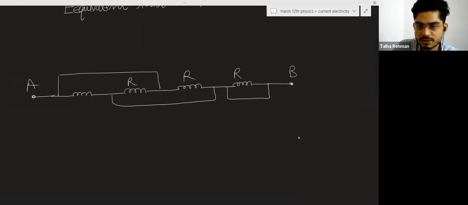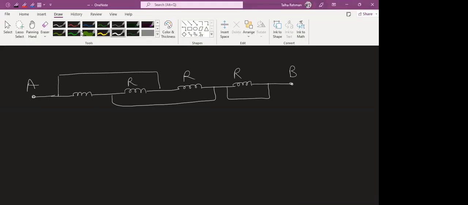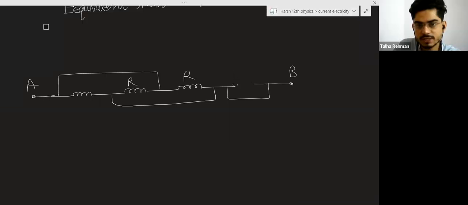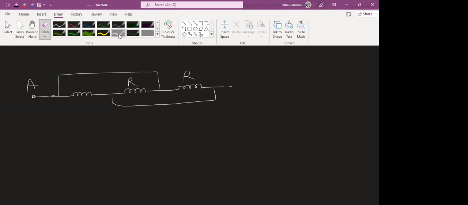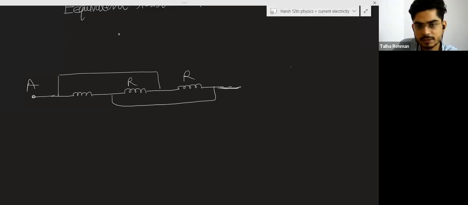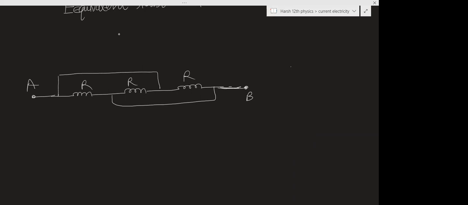Now see this resistance. This resistance is short circuited. So we can remove this resistance and make it as a single wire, as this has become point B. Now we have already solved this. This combination is a parallel combination. R1, R2, R3 are in parallel.